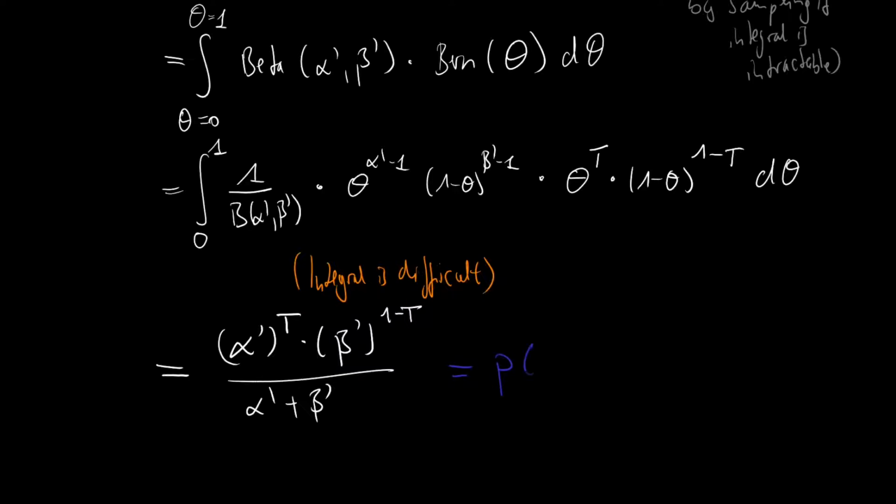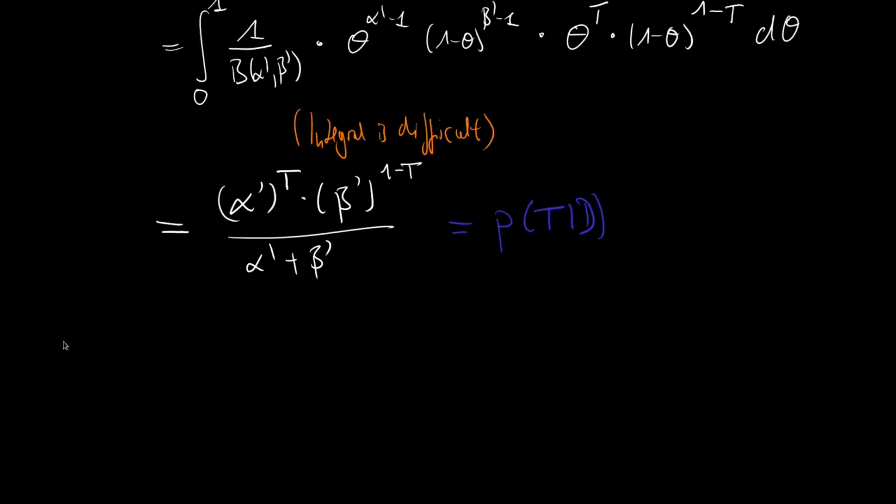So it was the probability of the next day's weather given our weather observations. And we can look at two examples. So the next weather can either be good or bad. And so we can ask ourselves, what is the probability that the next weather is good? So t is 1. And then we have alpha prime to the power of 1 times beta prime to the 1 minus 1, over alpha prime plus beta prime. 1 minus 1 is 0, so beta prime to the 0 is 1.